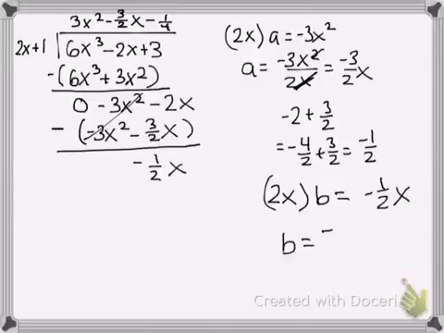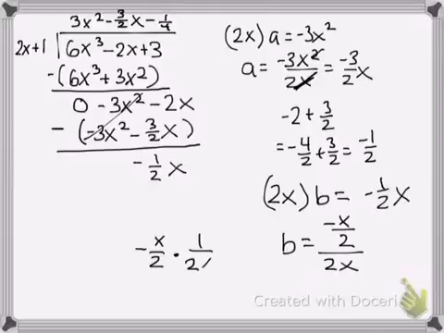B is negative 1 half x, let's just write the x on the top, negative x over 2 divided by 2x. If you guys remember how to do this, negative x over 2 divided by 2x is the same thing as multiplying by 1 over 2x. This is negative x over 4x. The x's cancel, and you get negative 1/4, which is what I have up here.